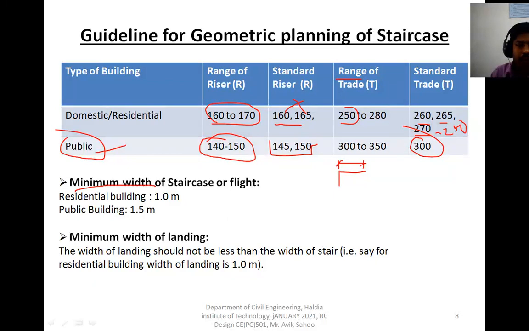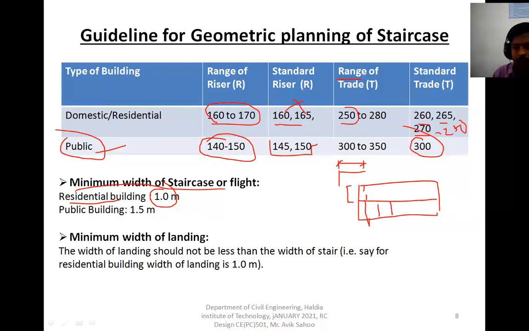Now the width of staircase for residential building, the width of staircase is 1.0, meaning the width of flight. Okay, so here the plan view, this is the width of flight.